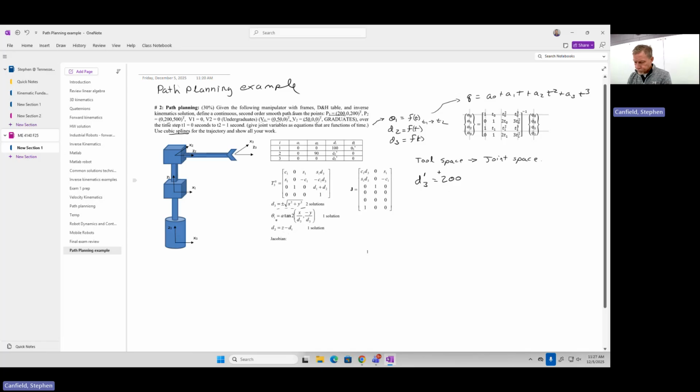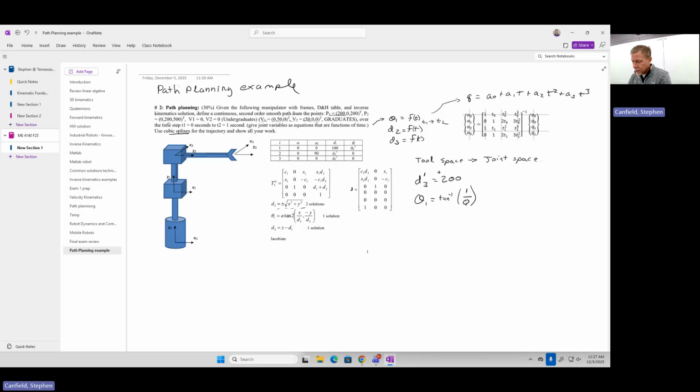I go to theta 1. Theta 1 is the inverse tangent, atan2 if you will, of y over D3, negative x over D3. Let's see, y is 200 over D3, so that's 1 over... x is 0. So the inverse tangent of that is infinity.